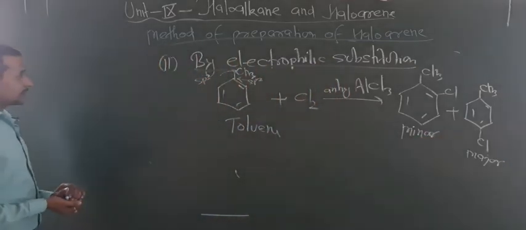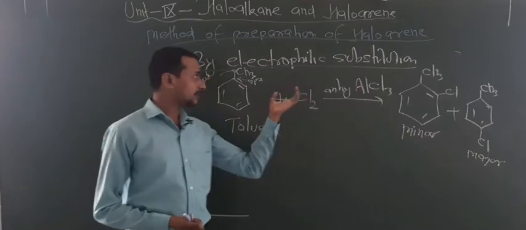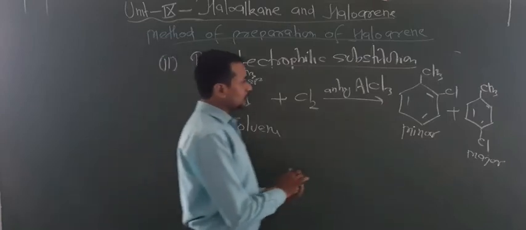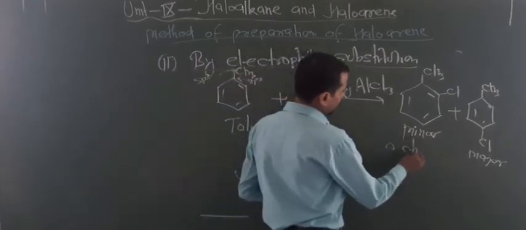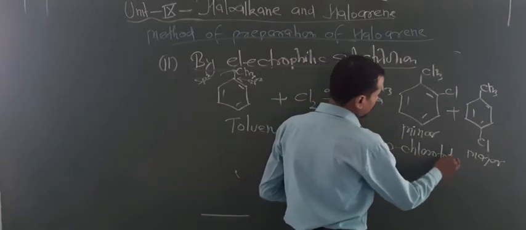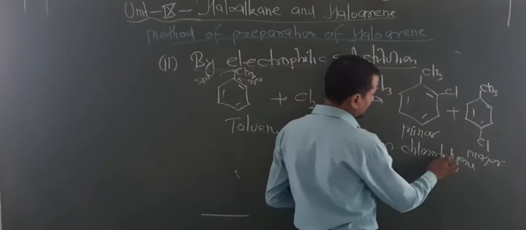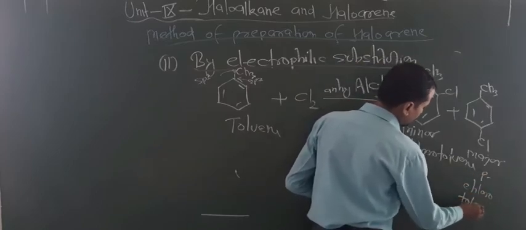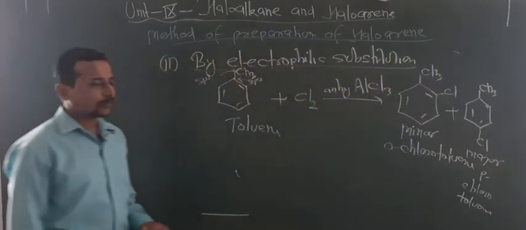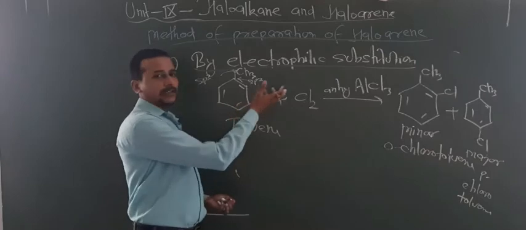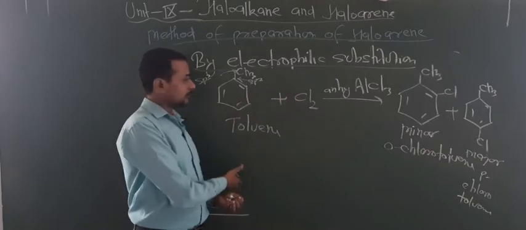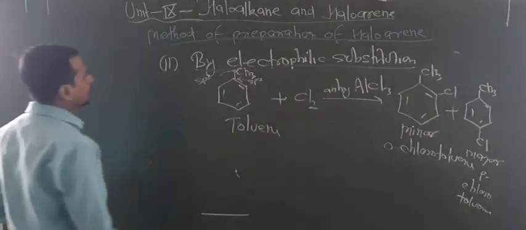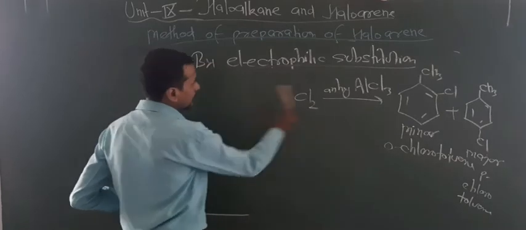In electrophilic substitution of substituted benzene, toluene gives ortho-chlorotoluene or para-chlorotoluene. One question may arise: how can you prepare ortho and para-chlorotoluene from toluene? By this way you can prepare them.